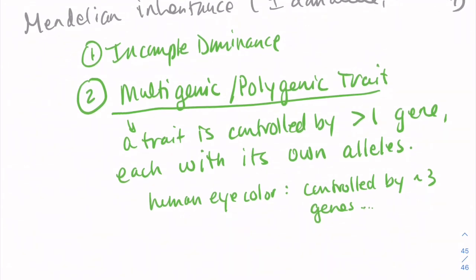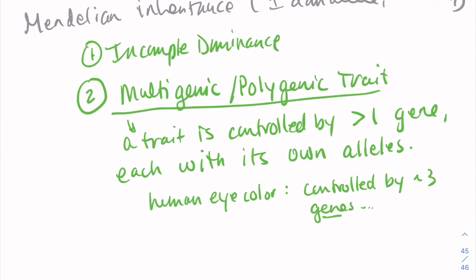You can find a human eye color predictor online, and you put in all of your data and your parents' data and their siblings' data, and you can see what the chances were of you having brown eyes or green eyes or blue eyes. Yeah, I think hazel eyes count as green eyes in these calculators. But it's really very interesting.